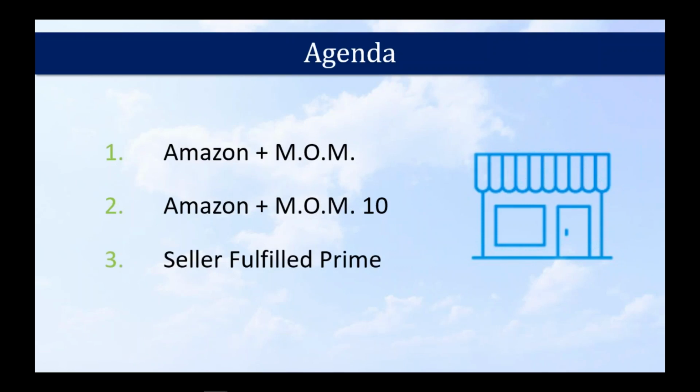And then Ian has just a note or so about Seller Fulfilled Prime. This particular program at this point has been out for more than a year. I think it's been tested for more than a year. And there's just one or two notes we want to mention when you're using M.O.M to be aware of as you're looking into this.